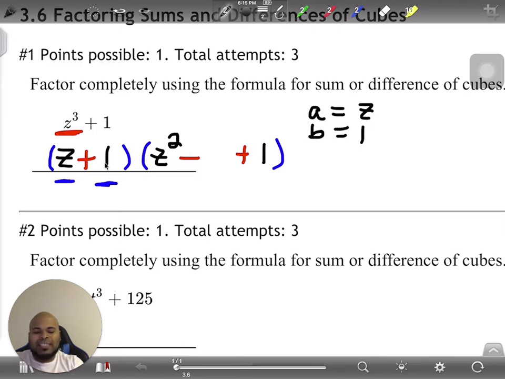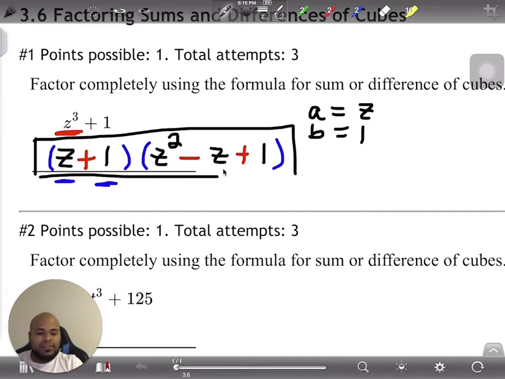So z times 1 is just z, or 1z, right? But because it's 1z, I don't have to write the 1. I just write down the z. Okay, I ask myself if this is completely factored, and it is. So this is my answer right here with the sum of cubes.